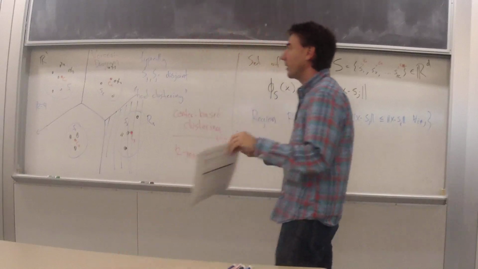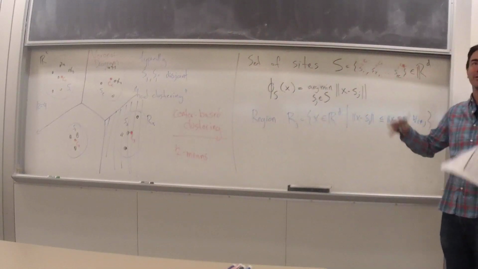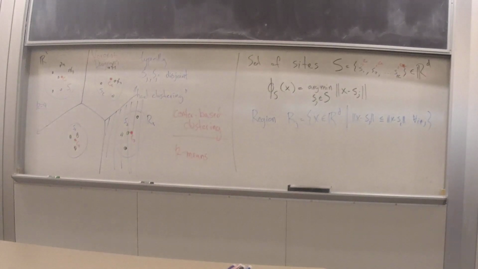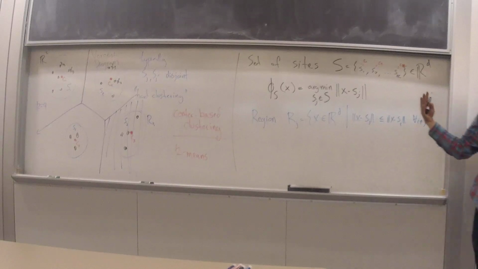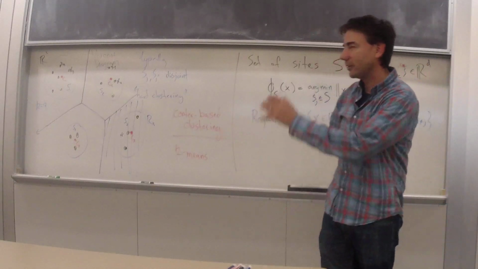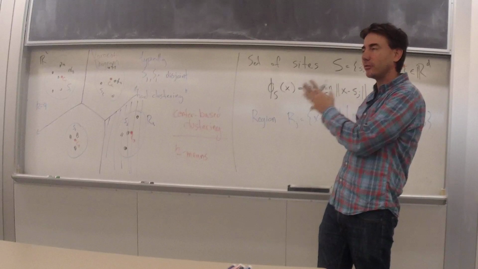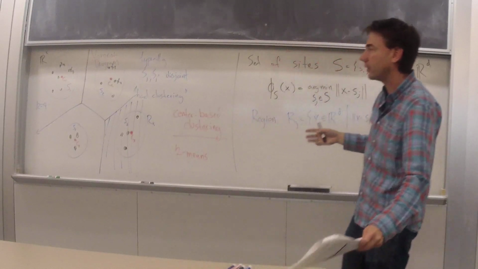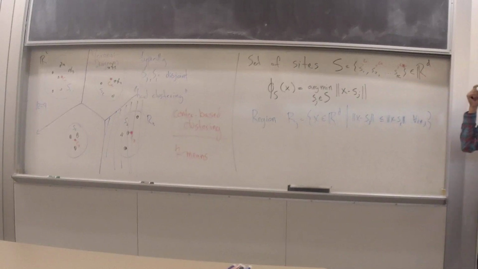And then I'll give you some bad news. But to make the bad news convincing, I need to emphasize that this structure is really at the core tied to what clustering is doing.